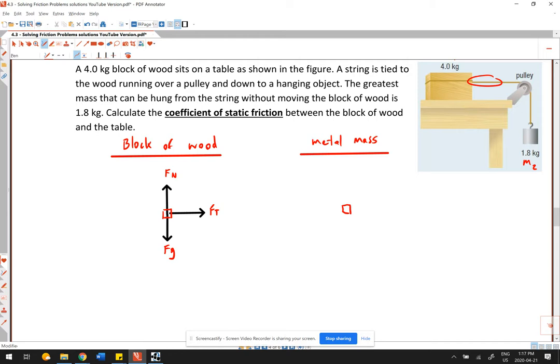And in this specific scenario, we have static friction, so there has to be static friction opposing that motion in this direction over here. So we have Fs. Now for our mass, we have a rope, so there is going to be a tension force upwards. And what's going to be acting downwards is gravity.